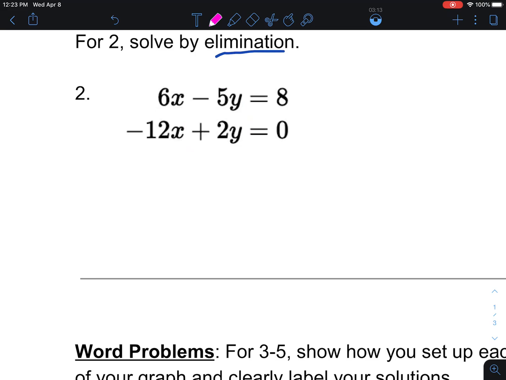So you could have answered this in one of two ways. What we learned to do was to take the number in front of this x and multiply everything by that number in the top row. And since 6 is in front of that x, you would multiply everything in this row by 6 if you wanted to eliminate x. Now, you could have done the same for y, but with different numbers.